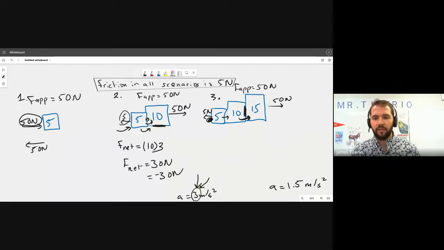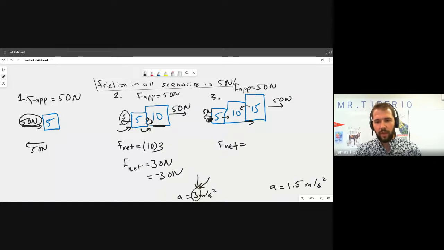what is the force that the 15 kilogram box pushes back on the 10 kilogram object? Well, okay, well, the 10 kilogram object is the thing pushing the 15. Whatever force it's applying on the 15 is going to be the same force the 15 pushes back on it. Well, let's figure out the net force.